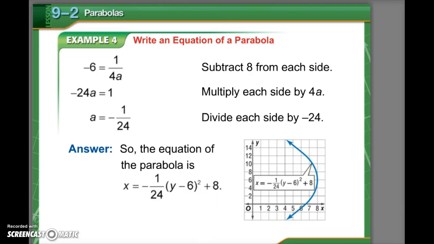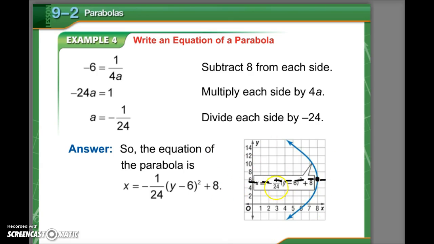Notice over here, let's draw some stuff on the graph. Our vertex is sitting at (8, 6) right here. And our axis of symmetry would go through y = 6, this horizontal line like so. It's not perfectly straight, I'm doing the best I can.